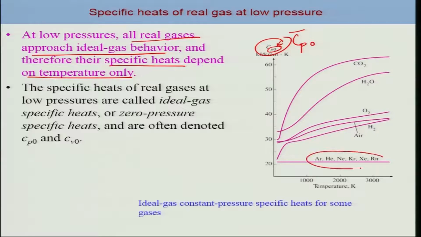This is the monoatomic gases. These are diatomic, and these are the molecules, and you can clearly see that for monoatomic the specific heat at low pressure is almost constant for all the temperatures. On the other hand, this one is almost linear, and this has curvature, but we can see that it is almost linear over a small range of temperatures.